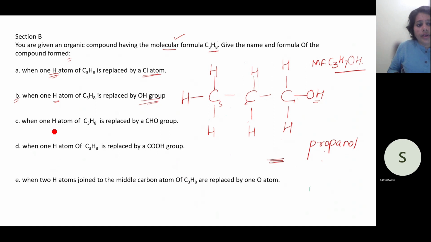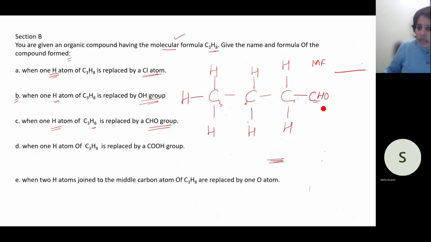Next, when one hydrogen atom of C3H8 is replaced by aldehyde. In place of the OH group, you place the aldehyde CHO group. So again, the molecular formula will change.